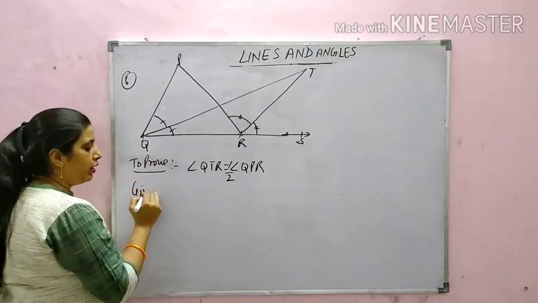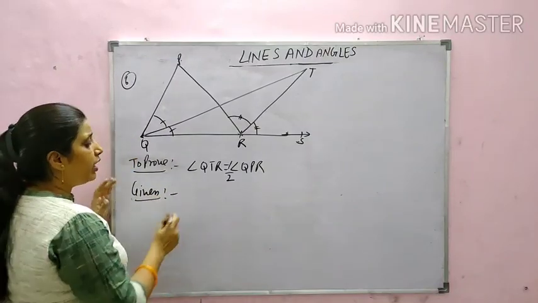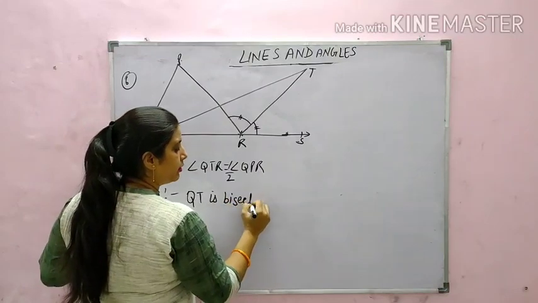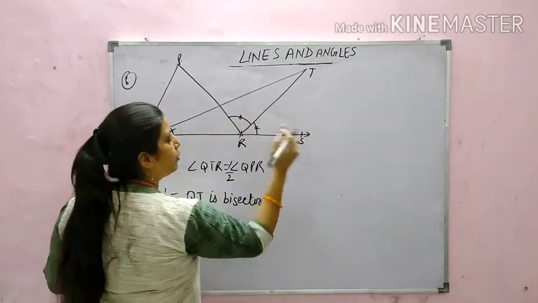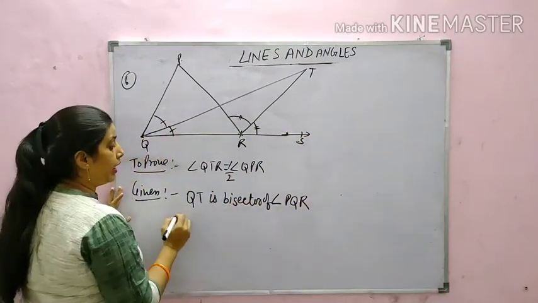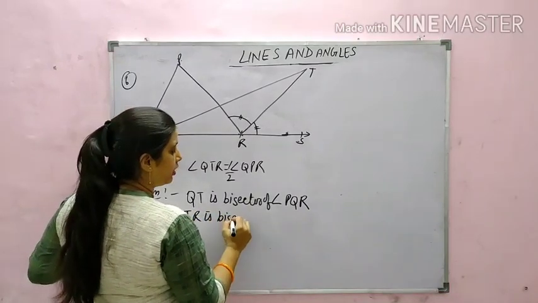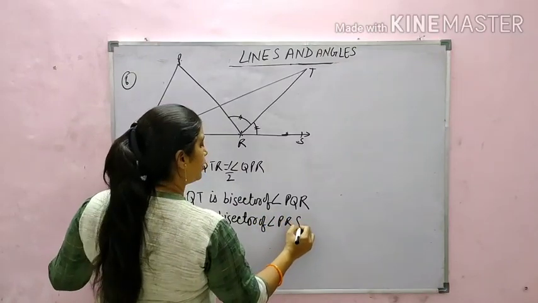First of all, we will write here what is given. Given is QT is bisector of angle PQR and TR is bisector of angle PRS.